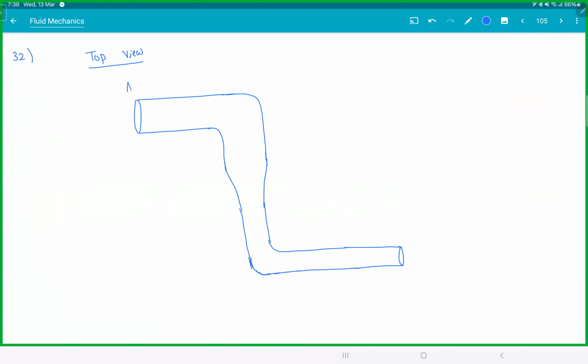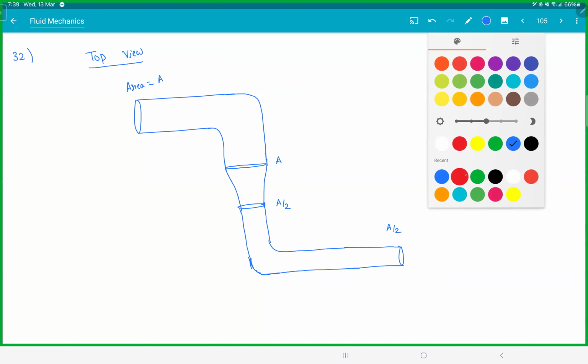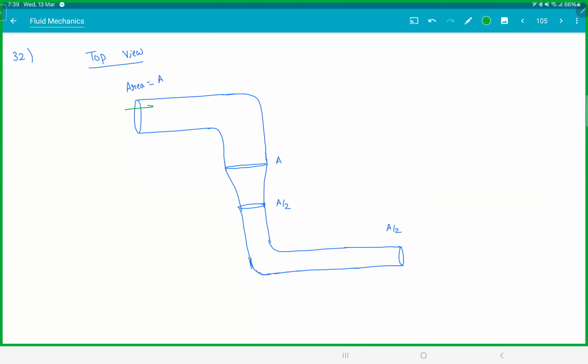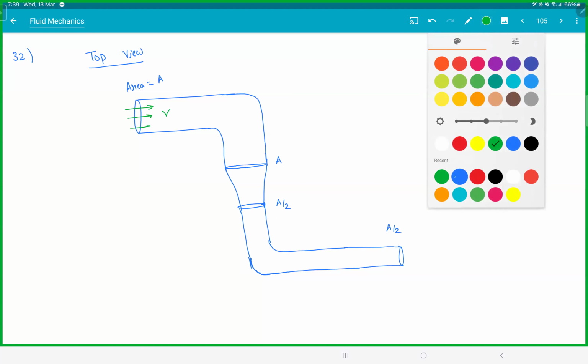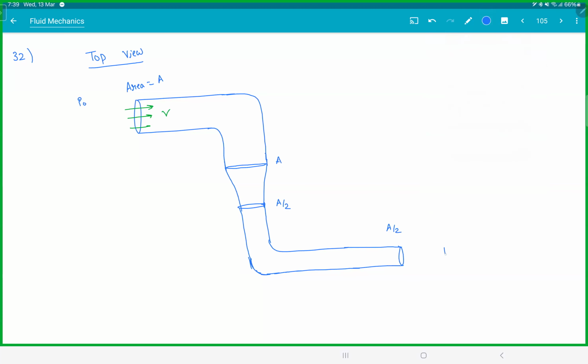So this area of cross section is A. So till here also it is A. Then the pipe becomes A by 2. This becomes A by 2. And you're sending liquid here with a speed V. This is the top view. On both the sides, you have atmosphere only, P0, P0 and everything.